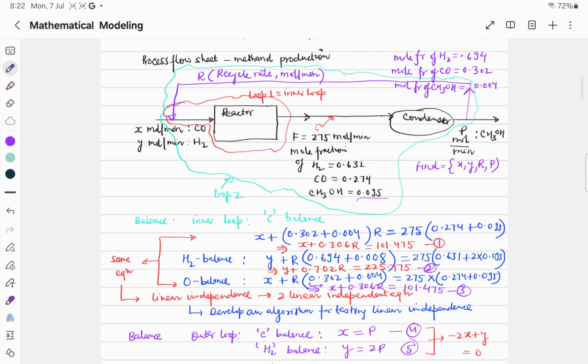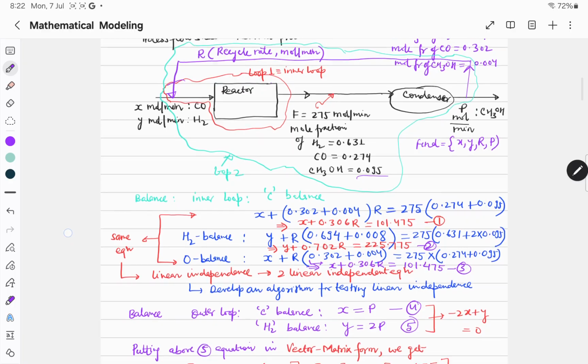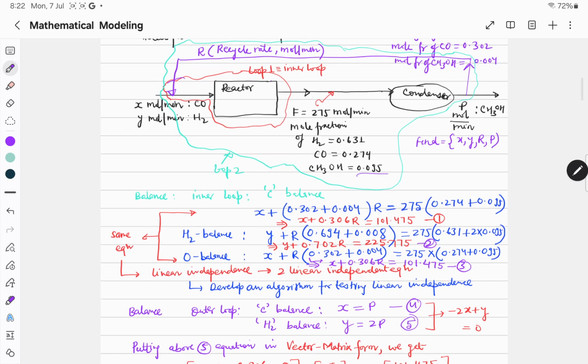So you are applying different balance equations, first on the inner loop. Suppose this is the C balance, meaning x mole per minute.